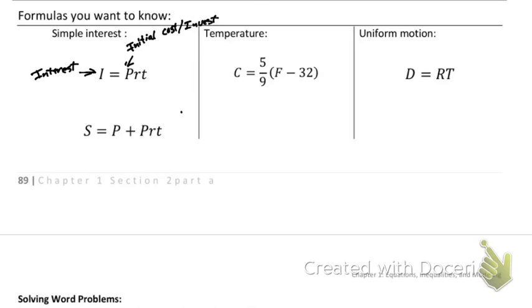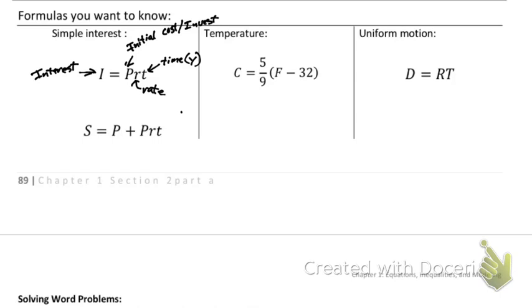R is going to be your rate. It's going to be in a percentage most likely, or a decimal. And finally, T is your time, and that's in years. So if you do your initial cost times your rate times your time, that's how much interest you'll gain. That's how much tax you pay. That's that decimal portion of it.